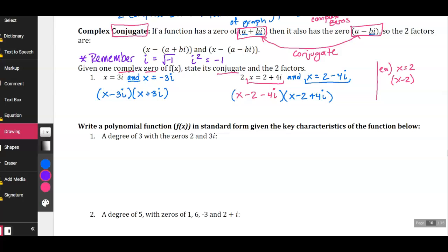Write a polynomial function f of x in standard form, given the key characteristics of the function below. So number one says a degree of 3. So we know that this is a cubic function because it has a degree of 3 with zeros 2 and 3i. So this first one gives us a factor of x minus 2. What does 3i tell us?